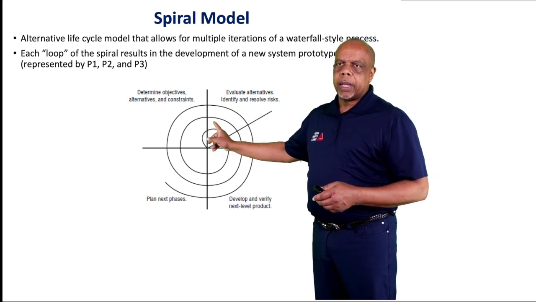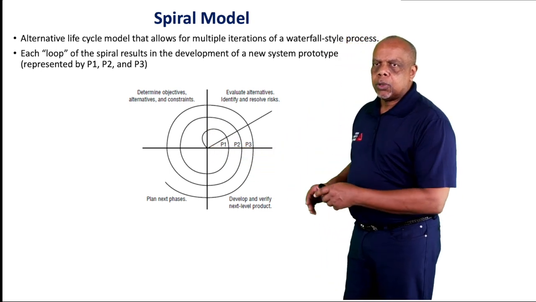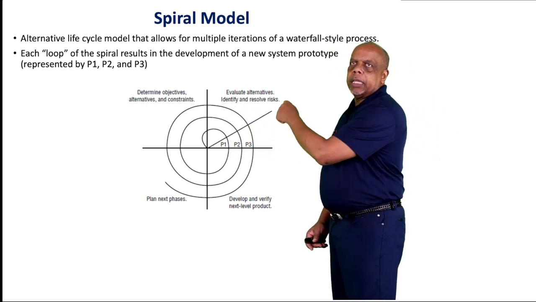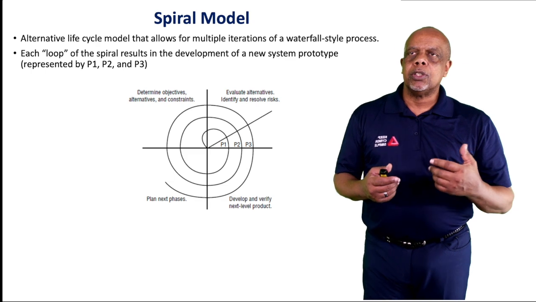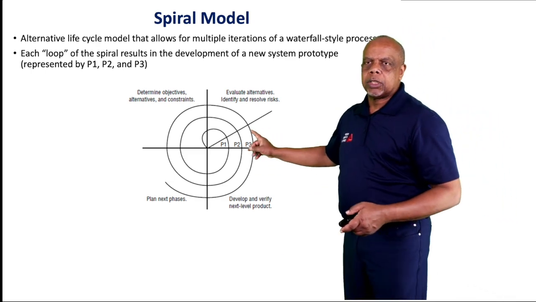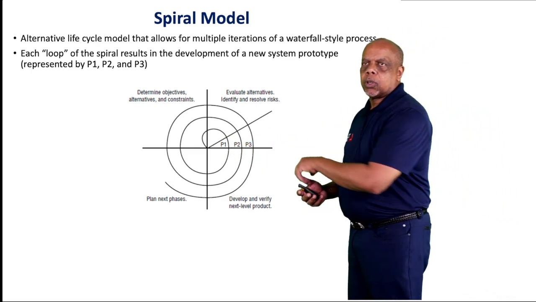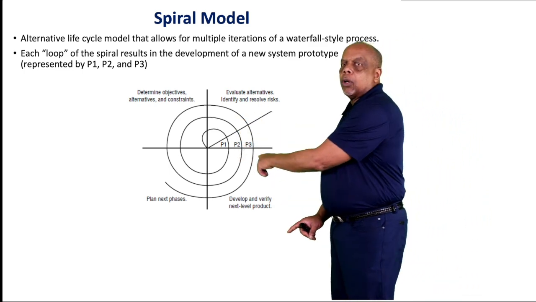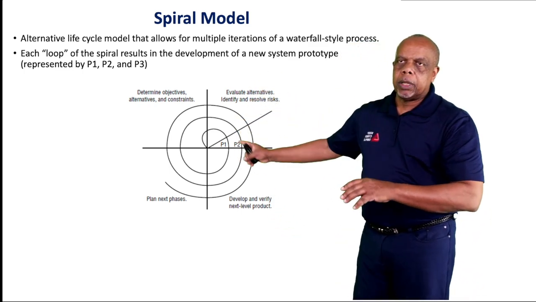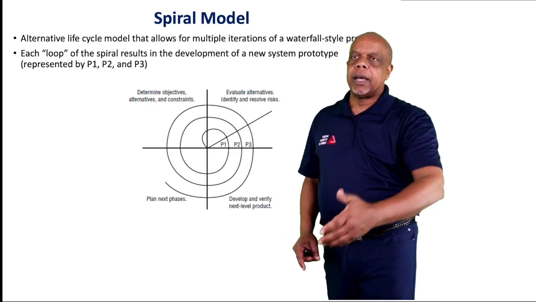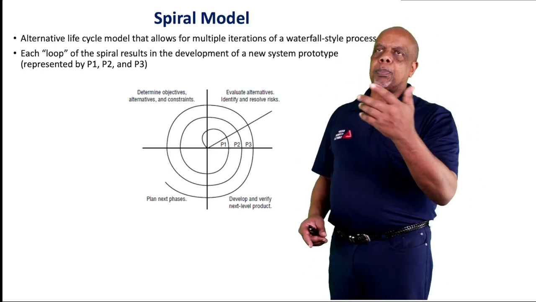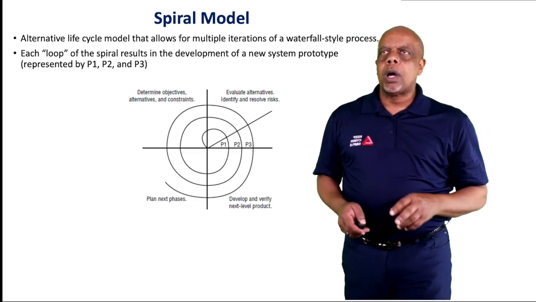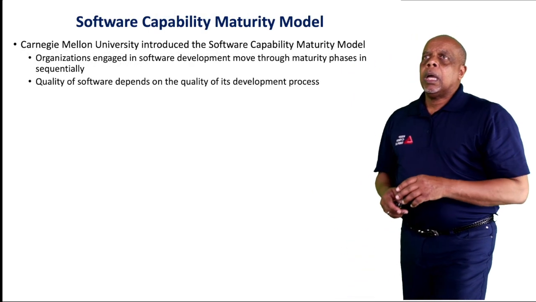As you see, it goes around in a loop, and as you learn more, each iterative loop is a new prototype. So prototype 1 starts here, goes its circle and is deployed. Then it comes back and they start prototype 2. It goes around the same circle, deployed. Prototype 3, develop, verify, and then you start planning the next phase of prototype 4. So that's how you built a tech refresh into the waterfall model.